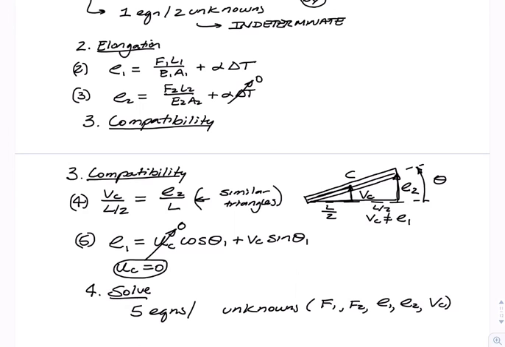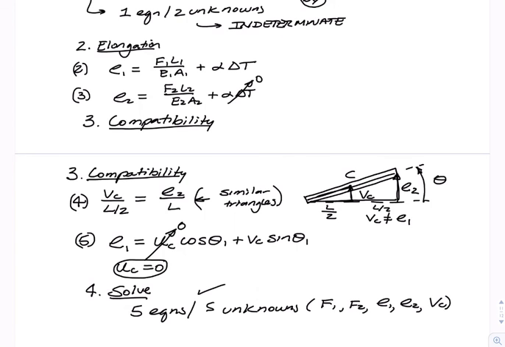So we have 5 equations and 5 unknowns. We have now got enough information. What you need to do at this point is simply use algebra to solve for those 5 unknowns from those 5 equations. Not as bad as it might seem. The equations really aren't that involved. So combine those in order to find the answer.